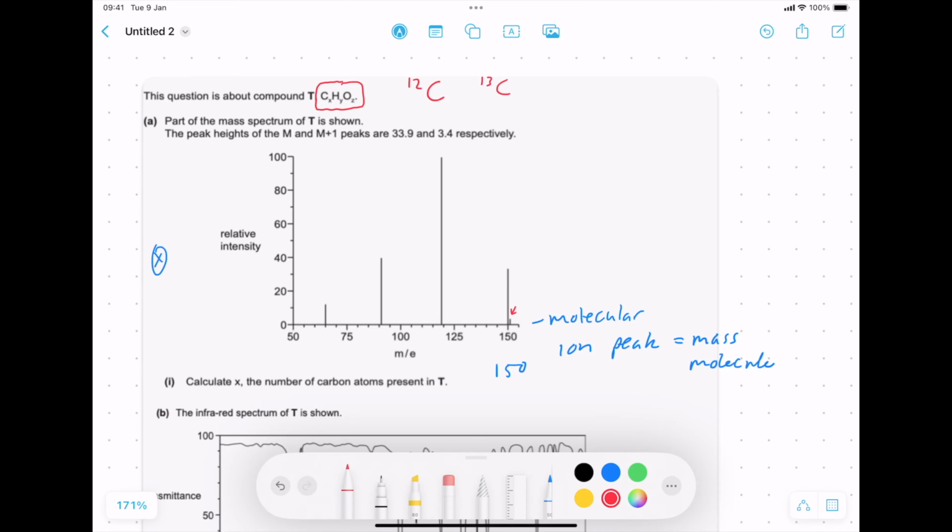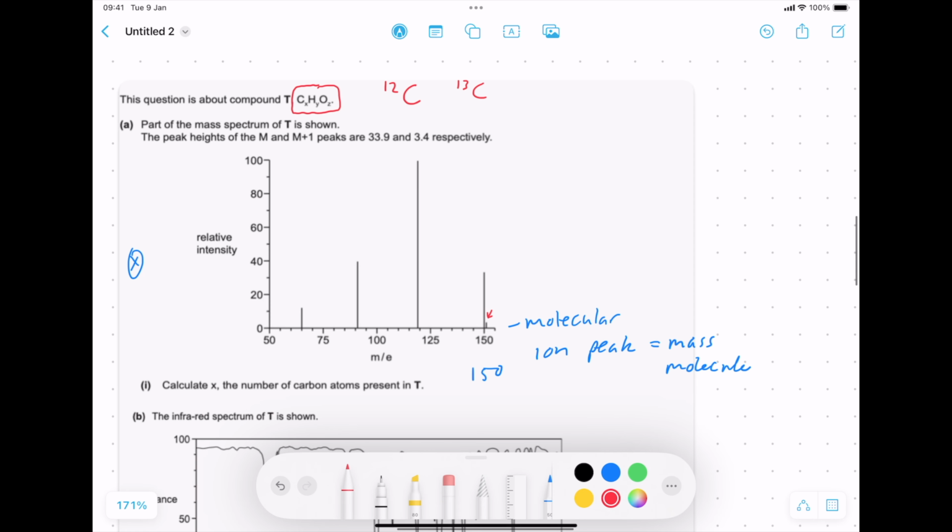And what we can do is use a formula to calculate the number of carbons in the molecule. It's a really simple formula, so I'm just going to rewrite the formula here. N, where N is the number of carbon atoms in the molecule, is equal to 100 times the abundance of the M+1 peak, all divided by 1.1 times the abundance of just the molecular ion peak, the M peak.